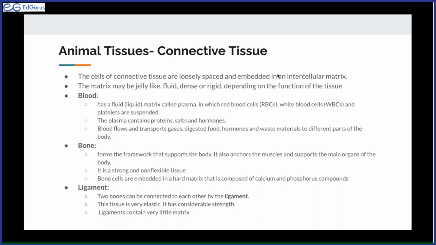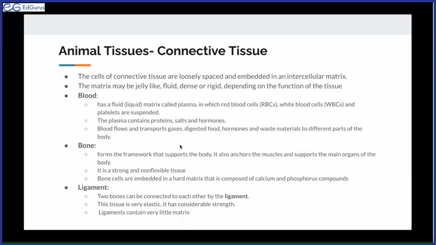Now, you can think of a matrix as some type of glue that holds multiple different cells together to form a tissue. Okay, just think of it as a matrix is not glue, but if you want to visualize it, multiple different cells are connected to form a tissue, and these cells are connected through a glue called the intercellular matrix.